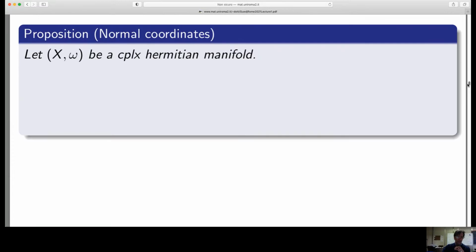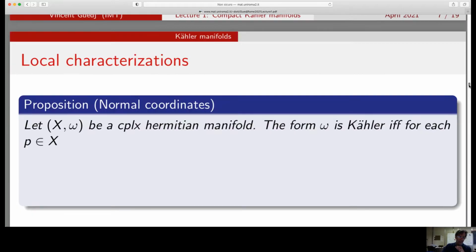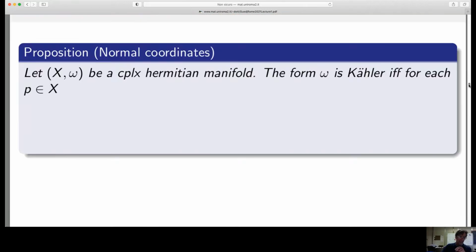Then there's also another important characterization of Kahler manifolds, which is by local holomorphic charts. You may recall that in Riemannian geometry, you can always find near any single point a system of coordinates such that the metric in this coordinate at the 0 point, say 0 corresponding to P, is the identity matrix, and the first derivatives of the matrix of the metric g are all 0.